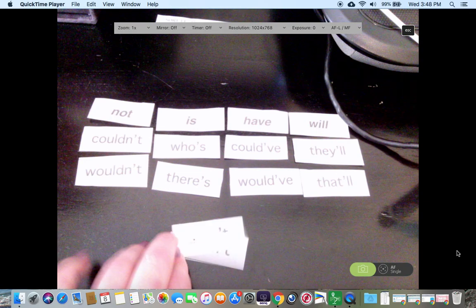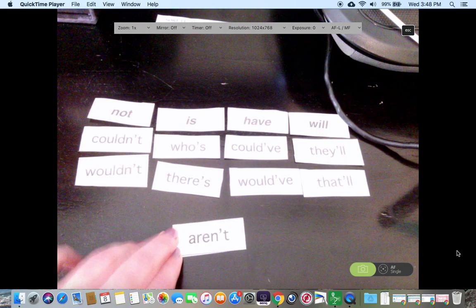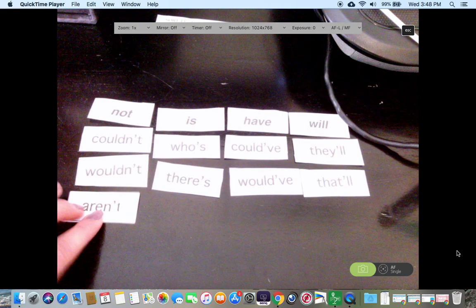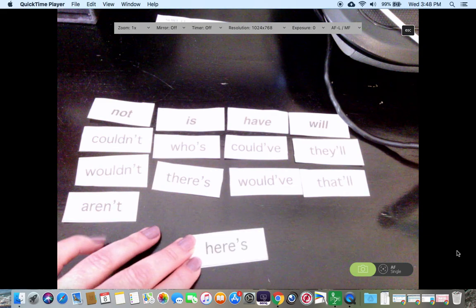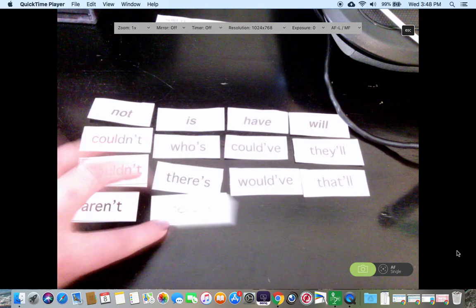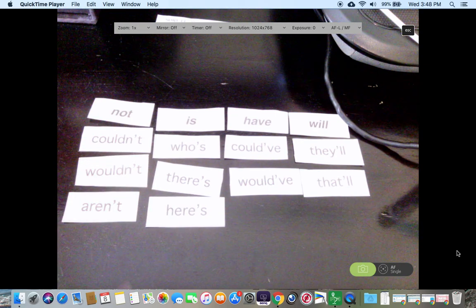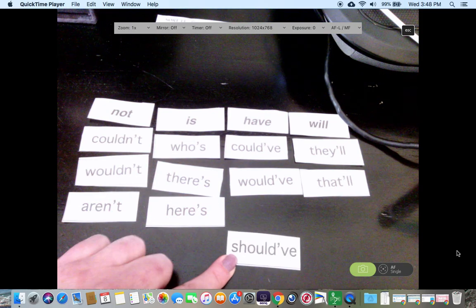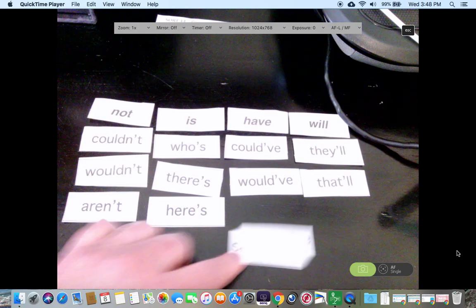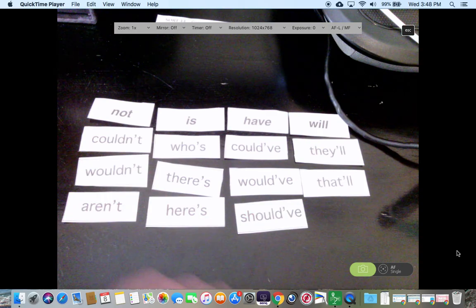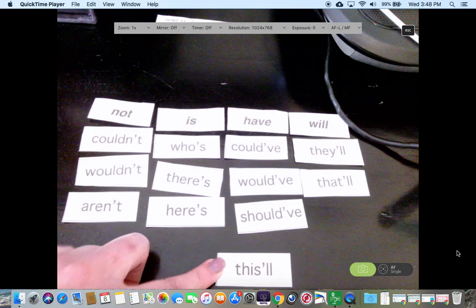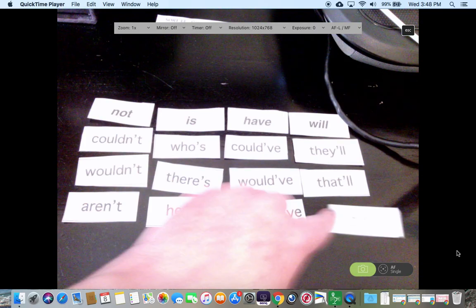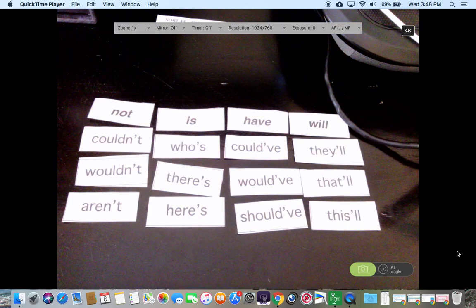Aren't, short for are not. Here's, short for here is. Should've, short for should have. This'll, short for this will. Like this'll be easy peasy lemon squeezy.